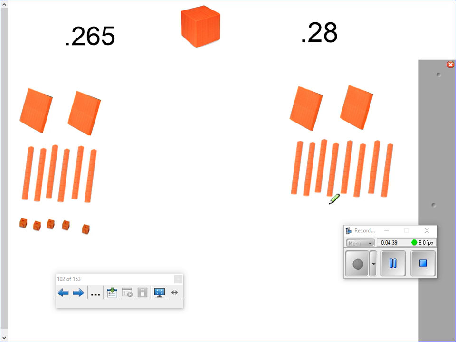This doesn't have any thousandths, but if you count here, this has 6 hundredths and this has 8 hundredths. And because the hundredths have more value, 265 thousandths is less than 28 hundredths.